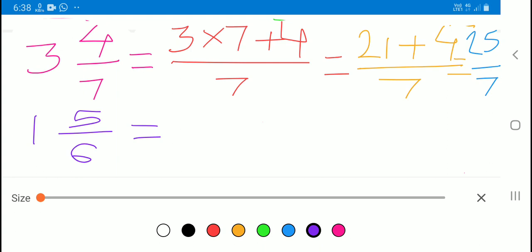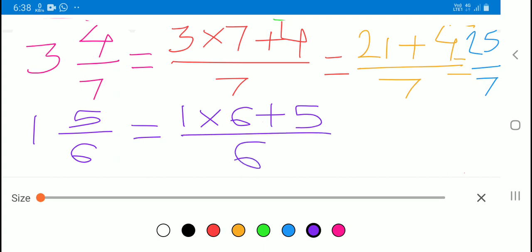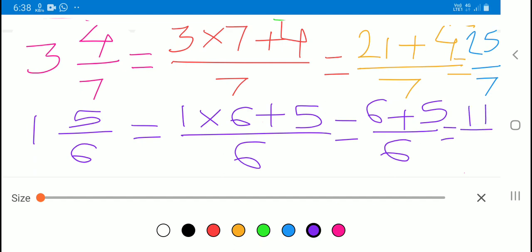So what do you have to do? 1 multiplied by 6 plus 5 upon 6. 6 into 1, 6 plus 5 upon 6. That is 6 plus 5, 11 upon 6. Okay. Do you understand this?